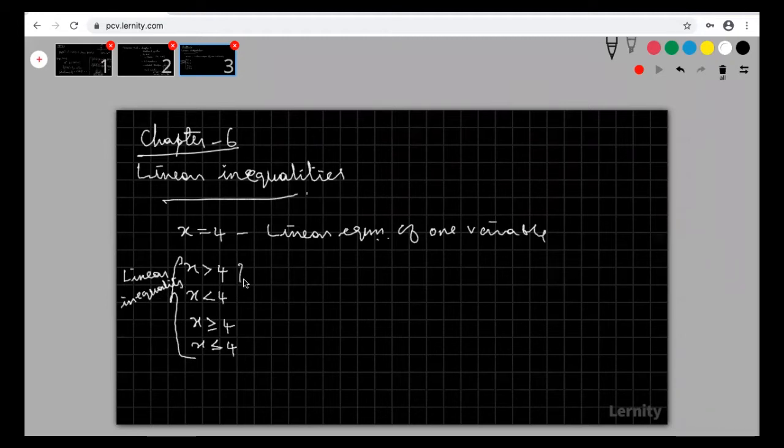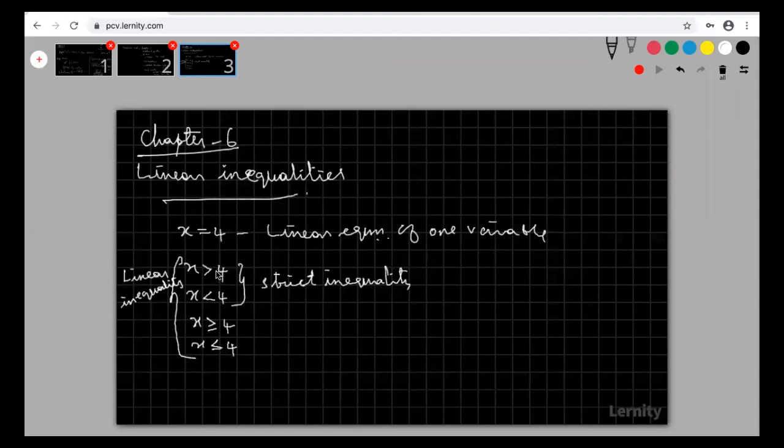In this, the first two are called strict inequalities. What is the meaning of strict inequality? Look here, x is greater than 4 only, not equal to 4. If equal to 4 were given, it would not be strict, but since equality is not given, this is called strict inequality.